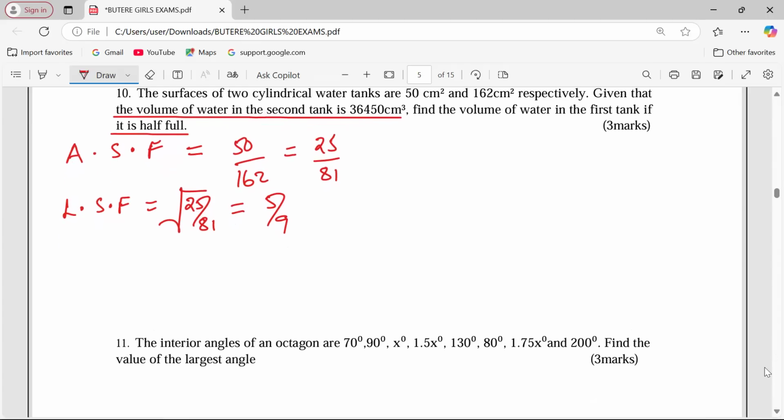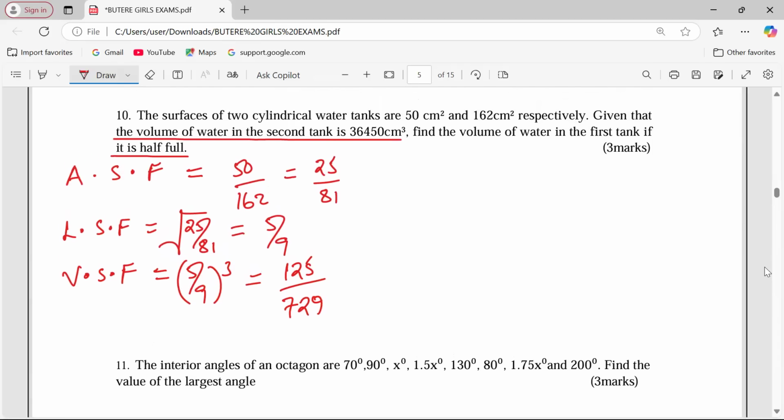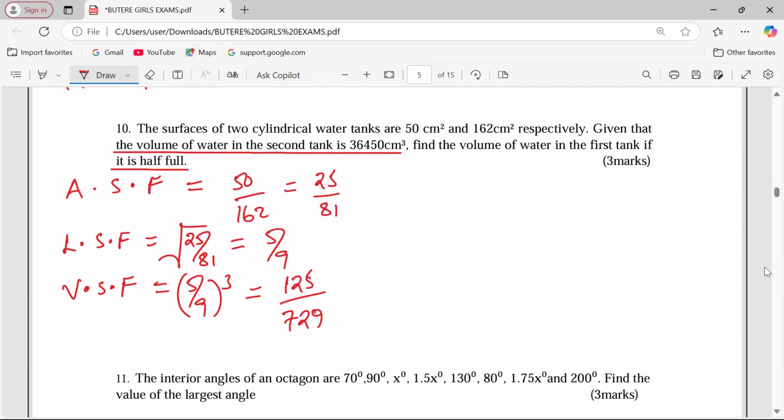Now that we have the linear scale factor, we can get the volume scale factor by cubing the linear scale factor. Cubing 5 gives us 125. Cubing 9 gives us 729. So we have the volume scale factor as 125 out of 729.